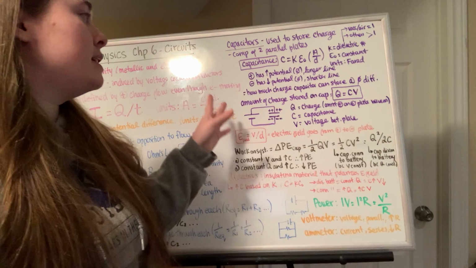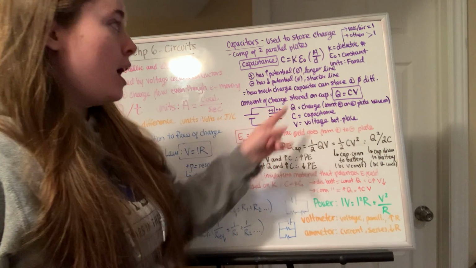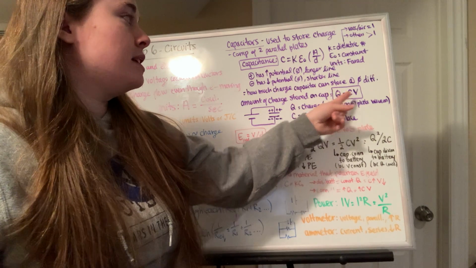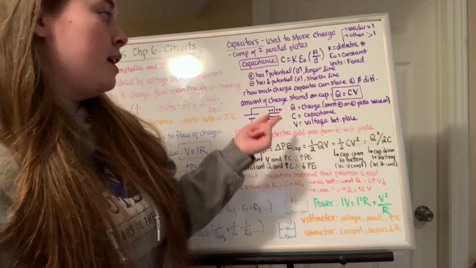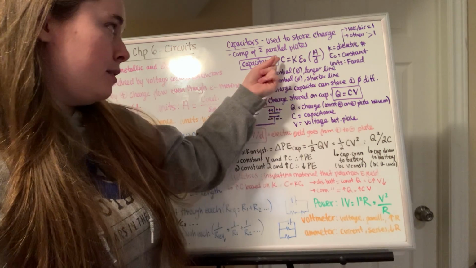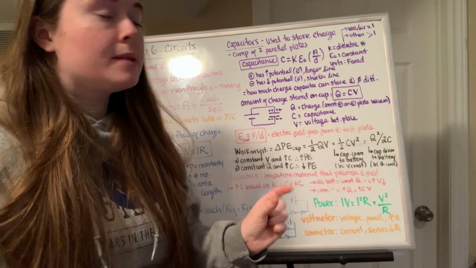Whereas if you want to see the amount of charge that can be stored on a capacitor, you're going to use Q equals CV, where Q is the charge, C is the capacitance, right up here, the C, and V is the voltage between the plates.